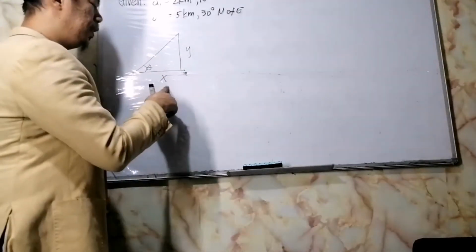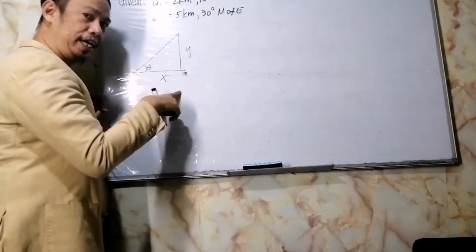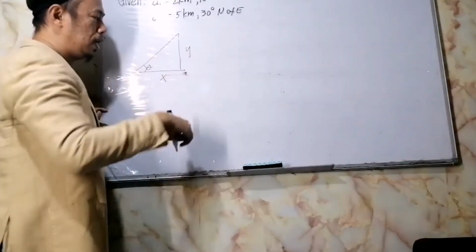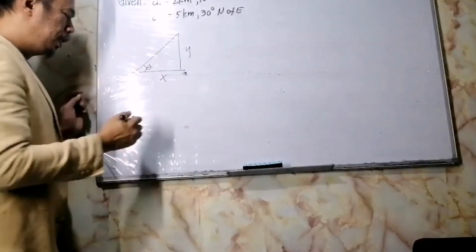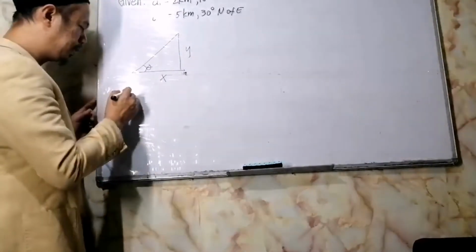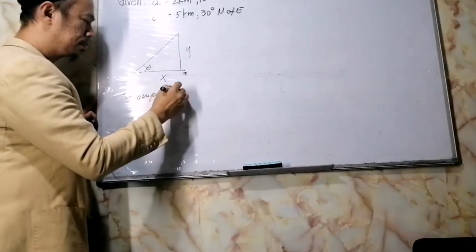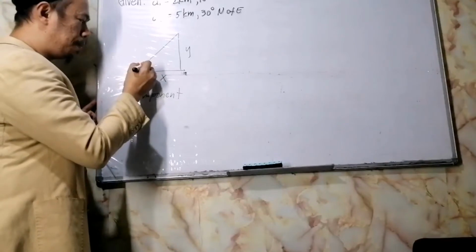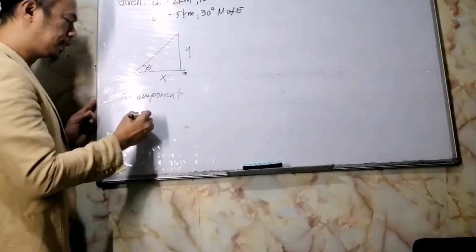The X component is along the X-axis, while the Y component is along the vertical axis. If solving for the X component, if the angle is along or from the X component, we use cosine theta.